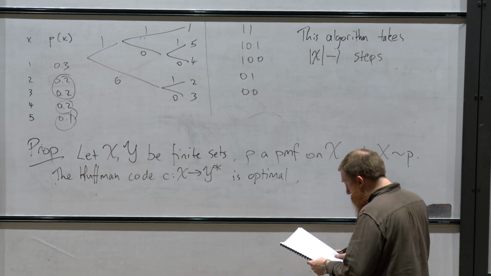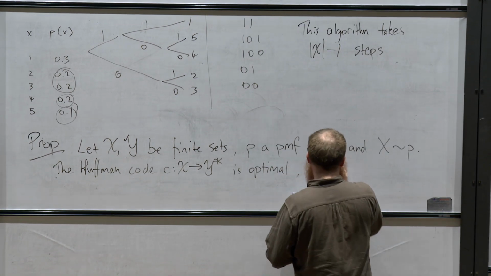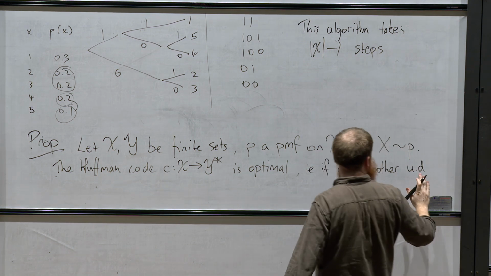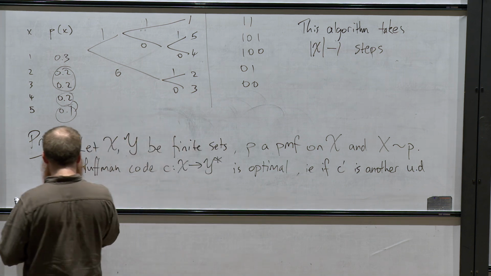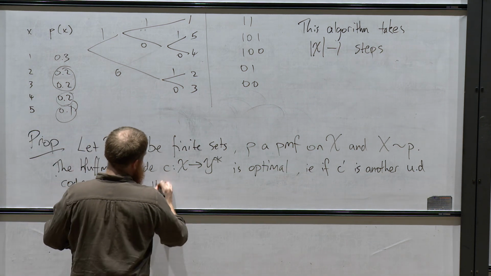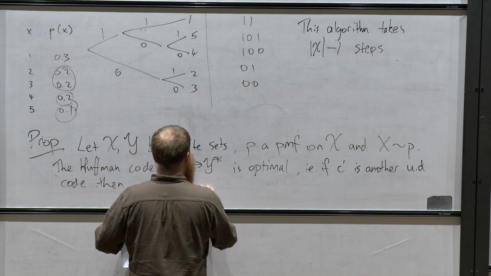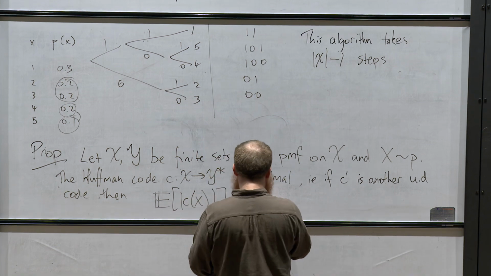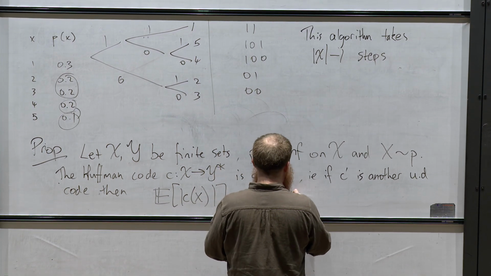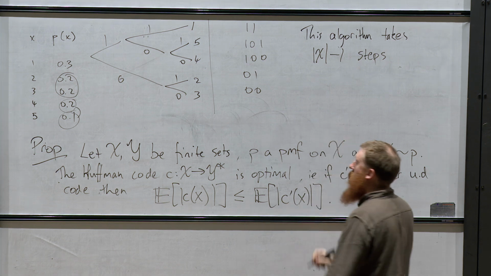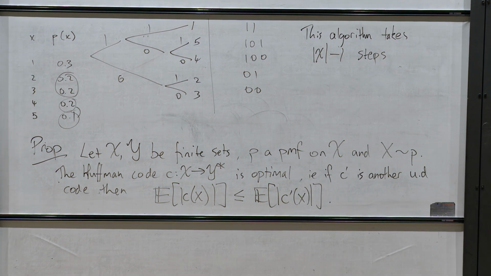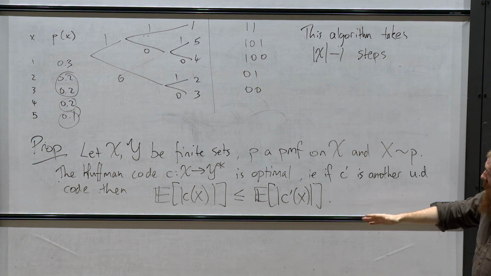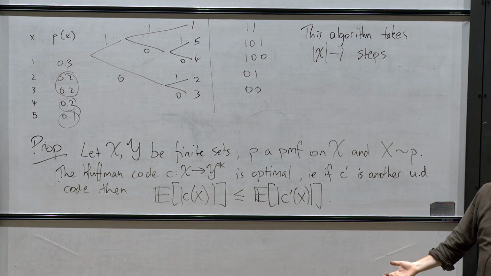The Huffman code is optimal, i.e. if C prime is another UD, uniquely decodable code, then the expected code word length under the Huffman algorithm is less than or equal to the expected length under whatever other UD code you seek to throw at it. So the Huffman code is prefix, clearly comes from a tree, and it is optimal, and it is easy to construct. Done.